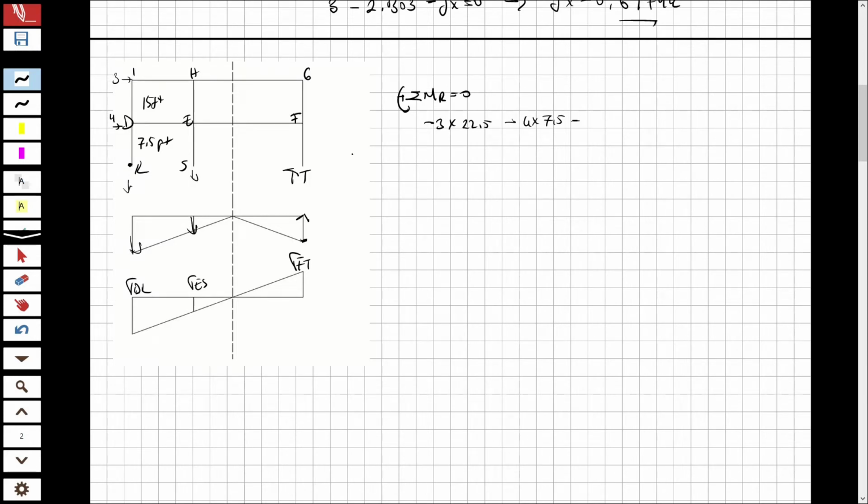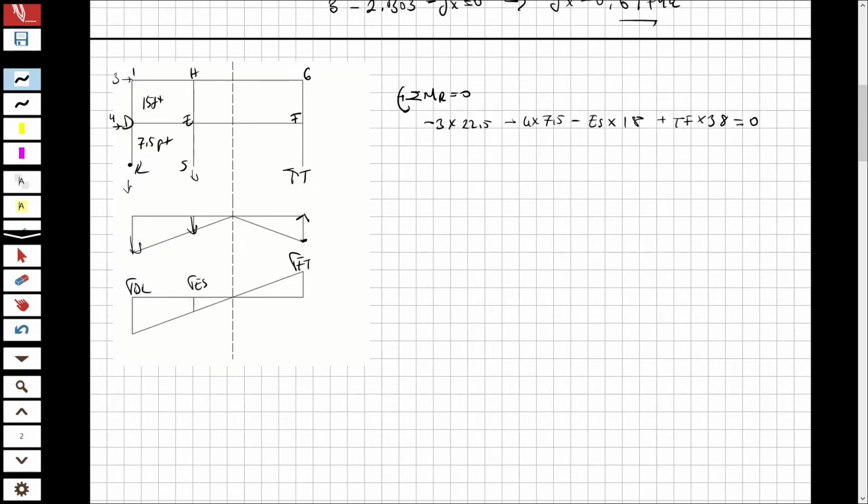So this will rotate in this direction. We are going to write as ES multiplied by 18 and plus TF, this one will be multiplied by 38 equal to 0.